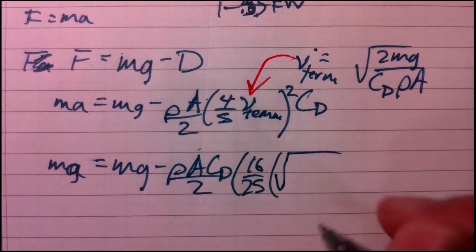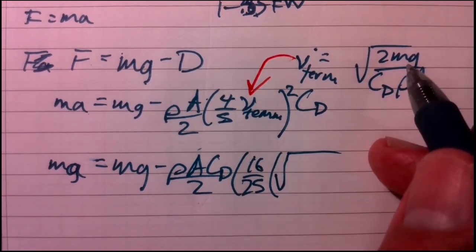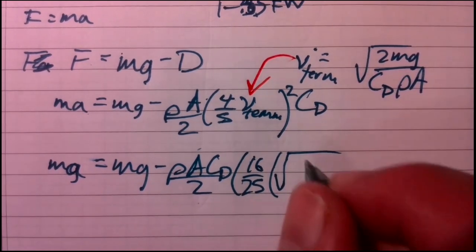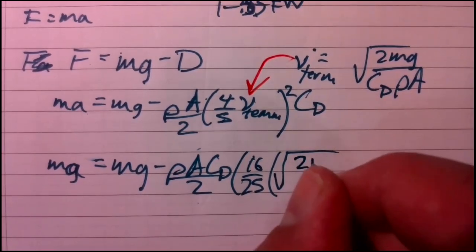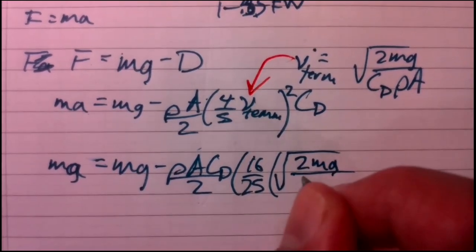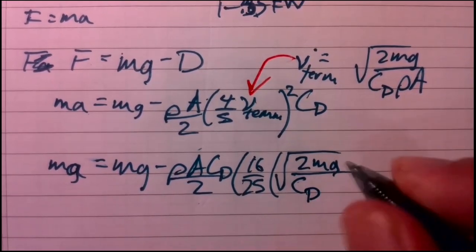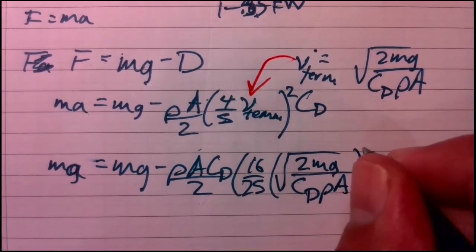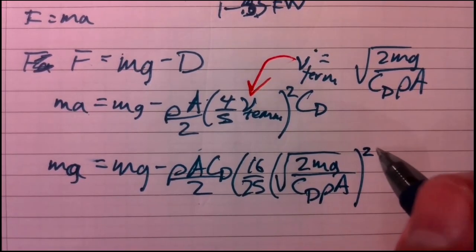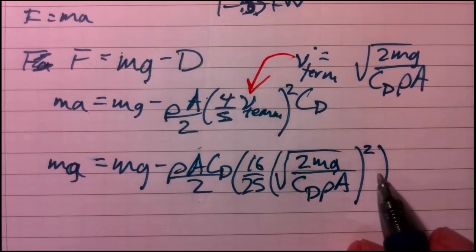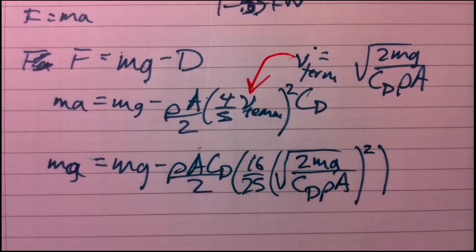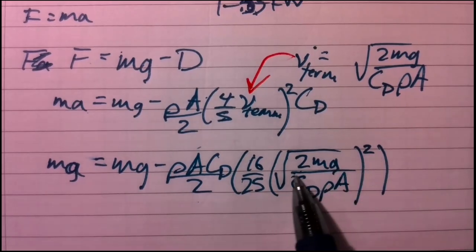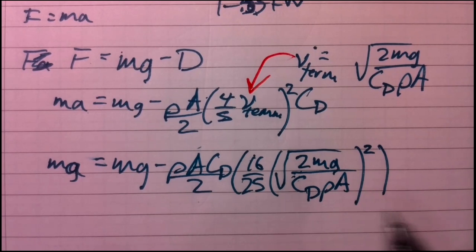We're going to put everything in so you can see it, because there's a lot of stuff going on in this problem. So we have 2 times m times g divided by CD over rho times a. And yes, this is some pretty intense algebra, but we're writing it all down and it's going to cancel. We got the square here of a square root, so that's just going to go away.